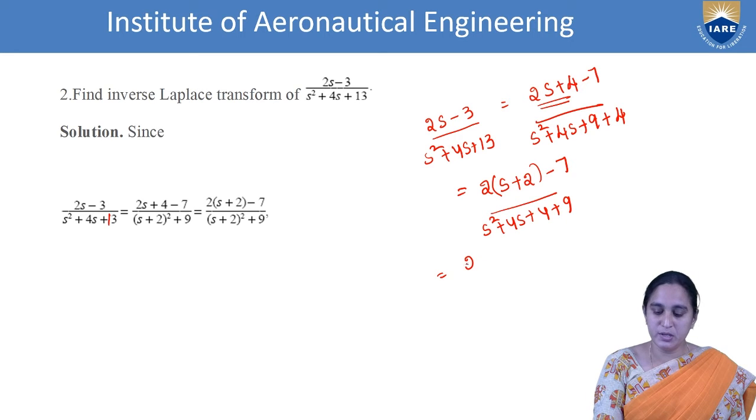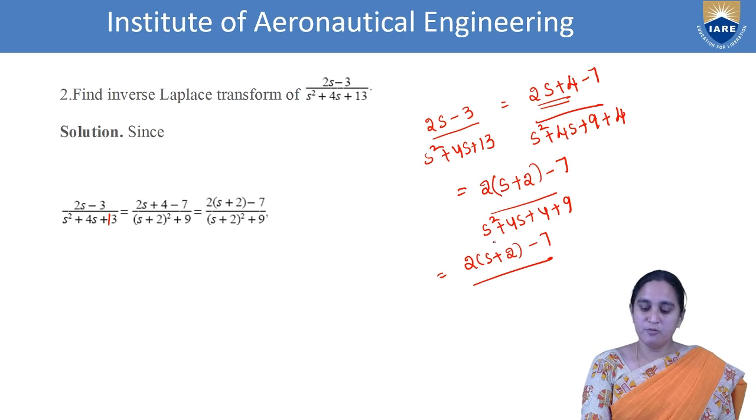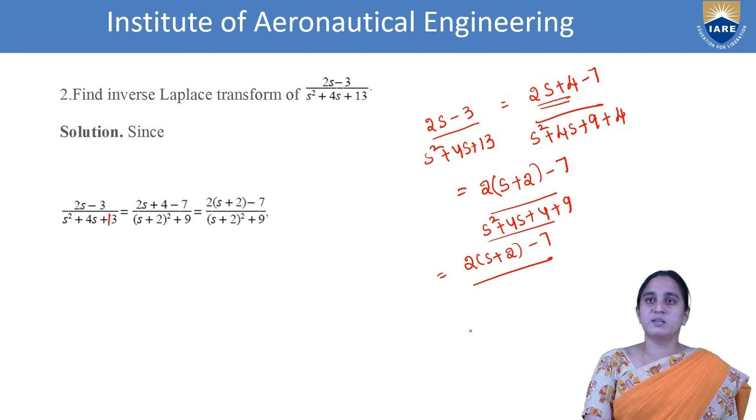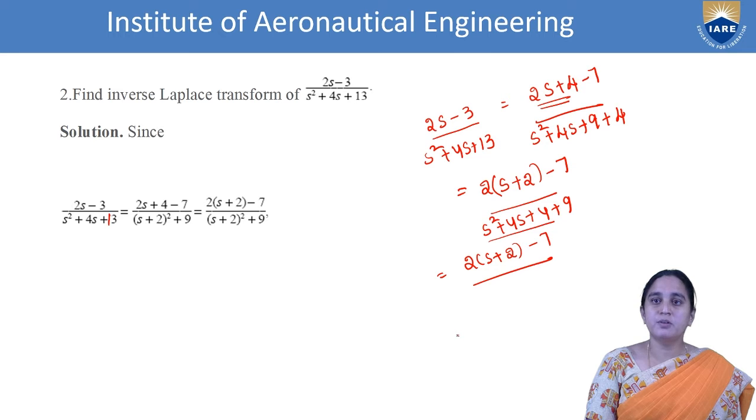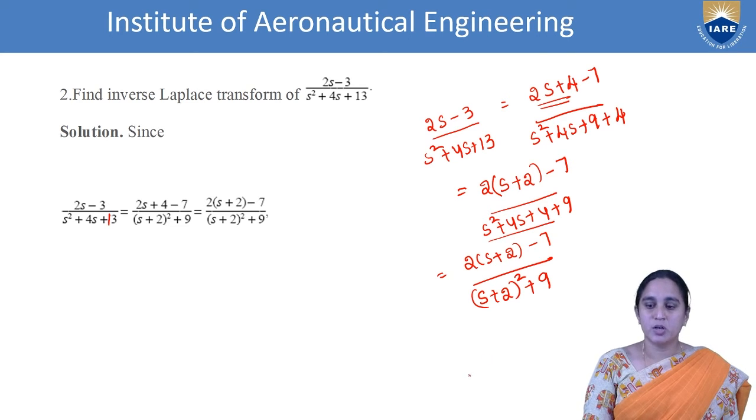Once you observe the first part of the denominator, s square plus 4s plus 4 is in the form of a square plus 2ab plus b square, that is a plus b whole square, that is s plus 2 whole square plus 9. Okay, 2 into s plus 2 minus 7 by s plus 2 whole square plus 9.